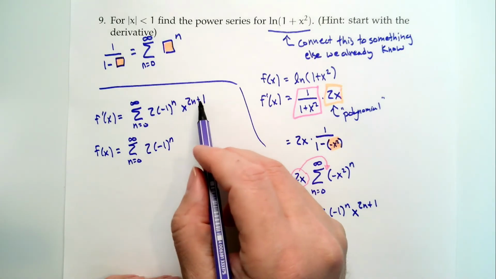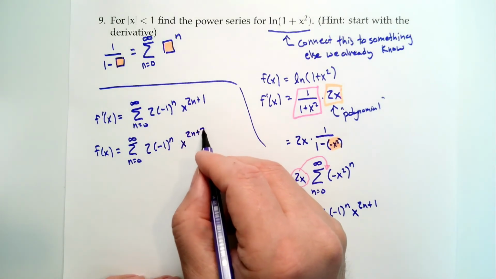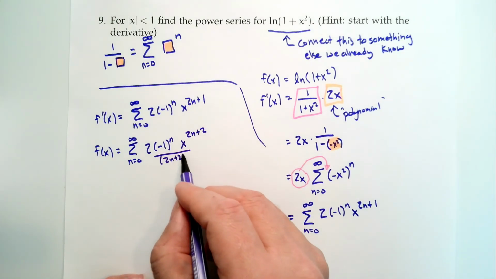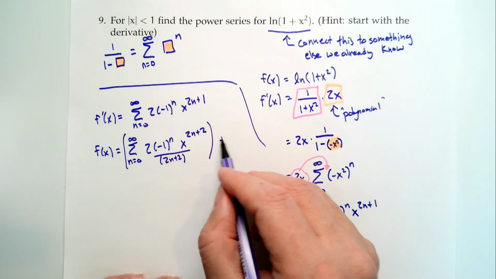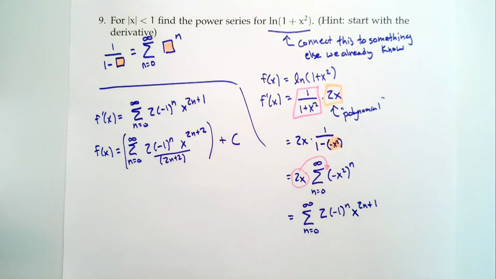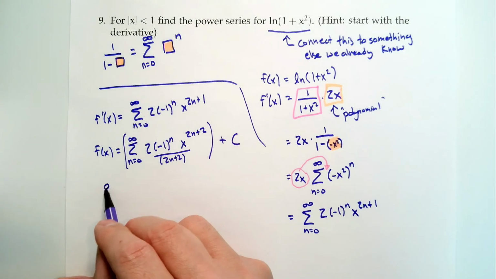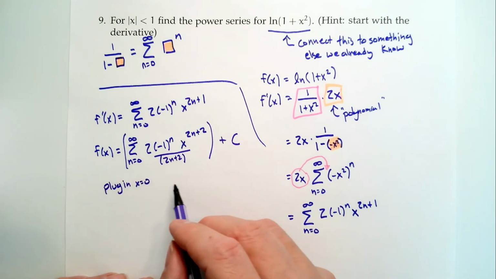How do you integrate x to the 2n plus 1? Well, you add 1 to the exponent, so x to the 2n plus 2, and then you divide by your new exponent, 2n plus 2. Now, at the very end of this, there's always going to be a c, because if you do an antiderivative, you get a plus c. To figure out what c should be, we plug in our center, x equals 0.